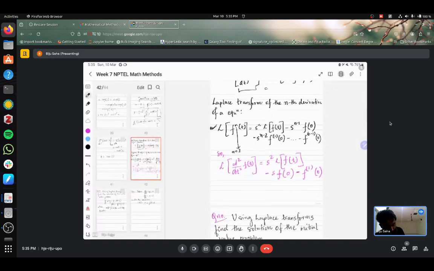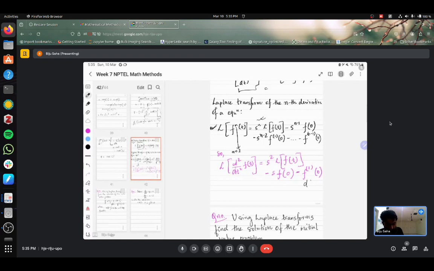So we put n equal to 2, the first term remains, so that is given as this. N equal to 2 when we put here, then it will become minus s f(0), and then in the third term we put n equal to 2, then it becomes s equal to 0 and f'(0), the first order derivative of f.